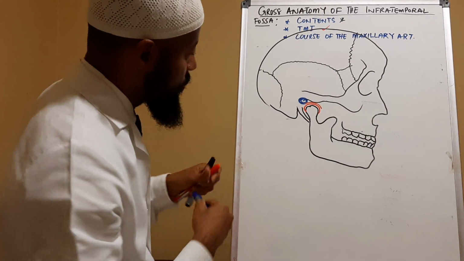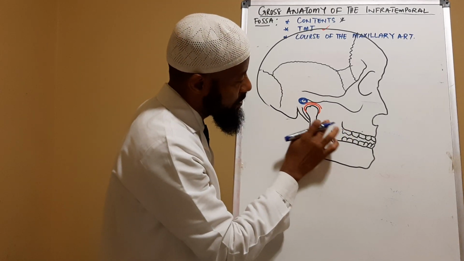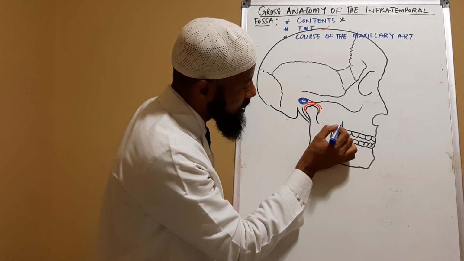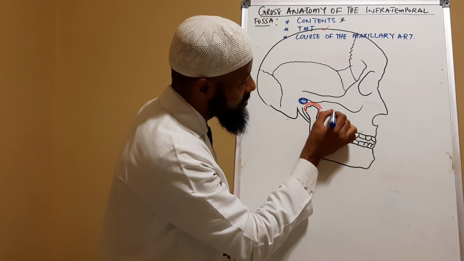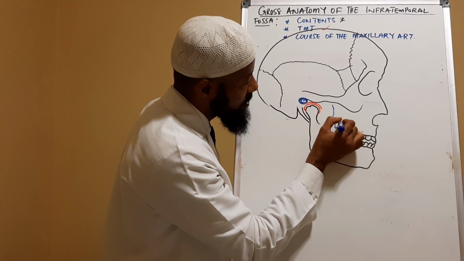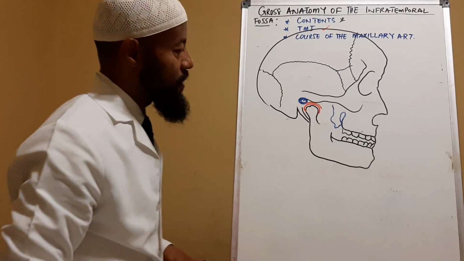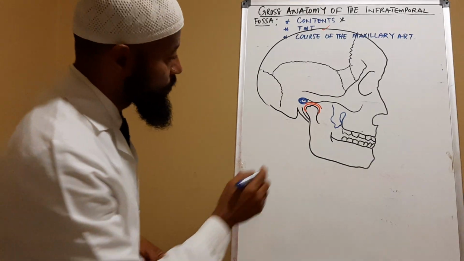And of course, if I'm taking the coronoid off, I'm exposing the lateral pterygoid plates, and the lateral pterygoid plate actually forms a fossa there, which is the pterygopalatine fossa.